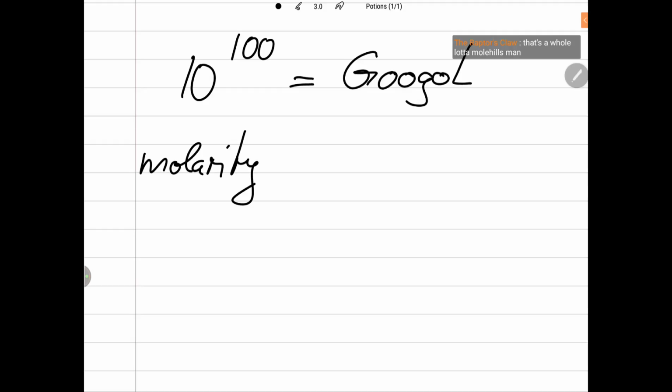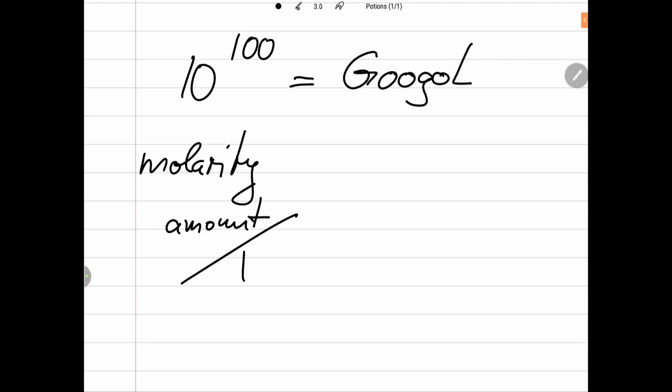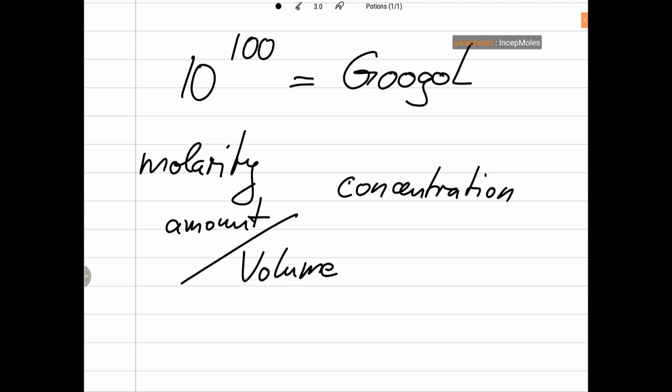Well, molarity is just simply an amount per volume. Or in other words, molarity indicates a concentration. So I could, for example, say we have 249 people in this room.